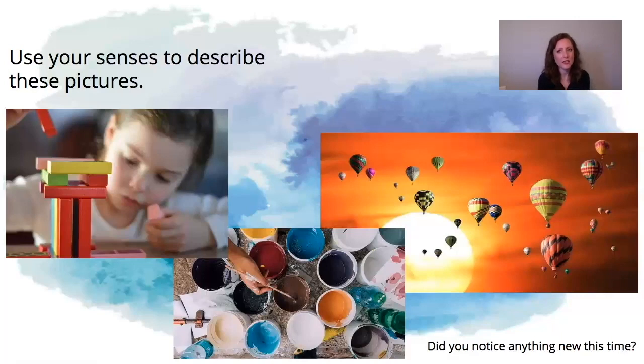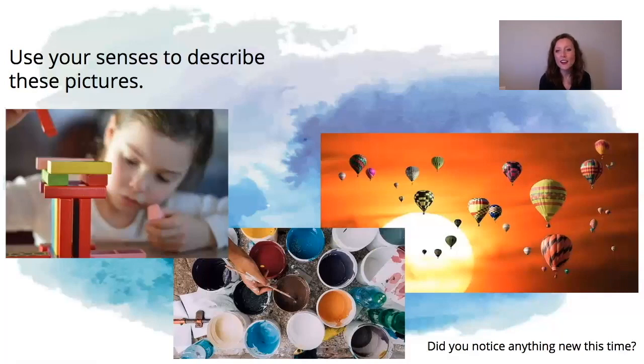Now, still thinking about taste, I would not want to taste paint. That would not be a safe choice. But I can still use some of my other senses to describe paint. I can describe the way it looks. I see different colors there. I can talk about how it feels. It's cold, it's wet when it's not dry.